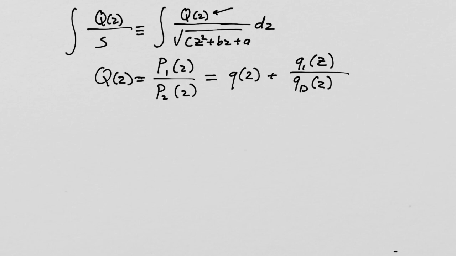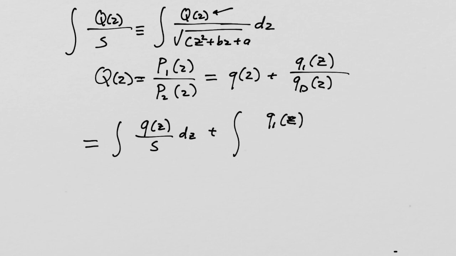Therefore, this integral here, you substitute this for Q of z, and you have to get that to equal the integral of a polynomial in z over s dz plus the integral of a polynomial in z over another polynomial in z divided by s dz.